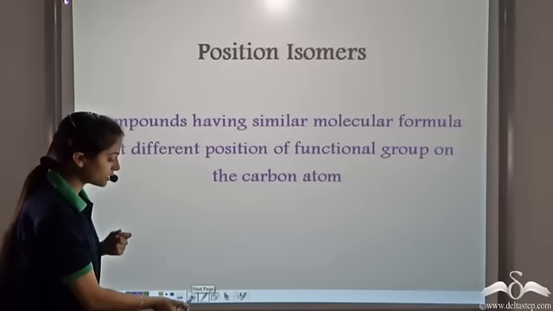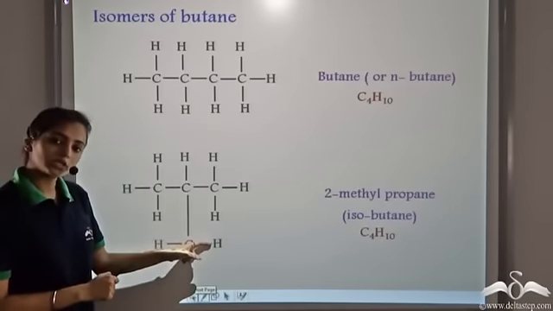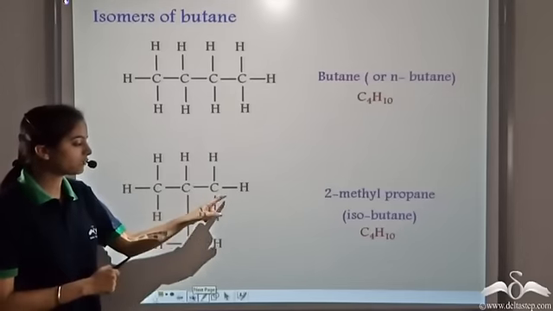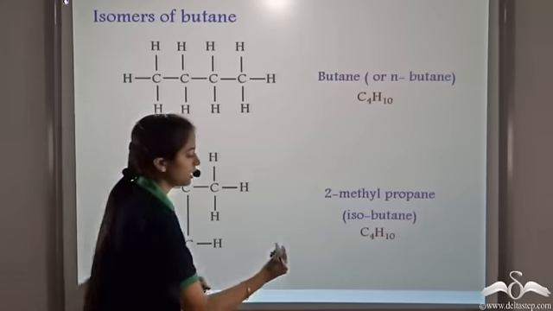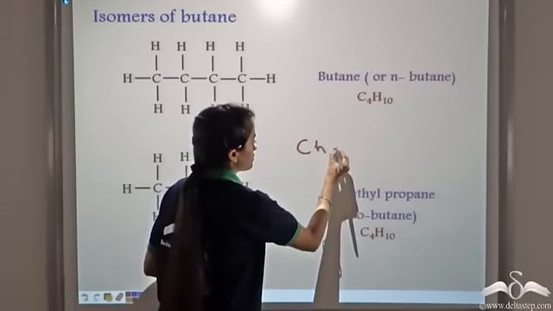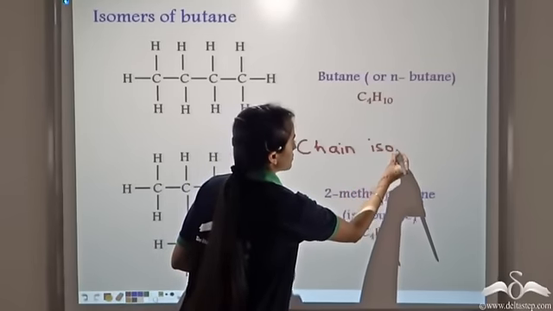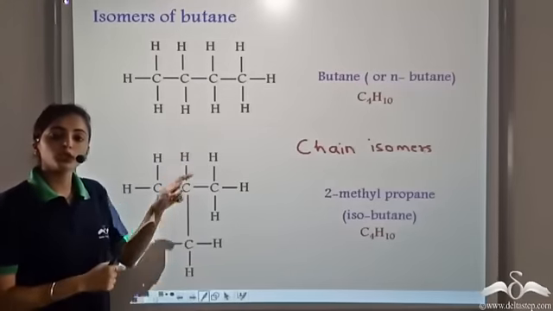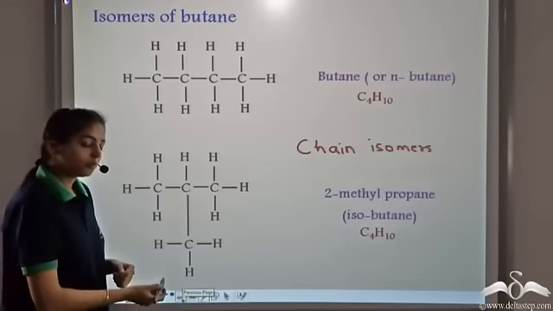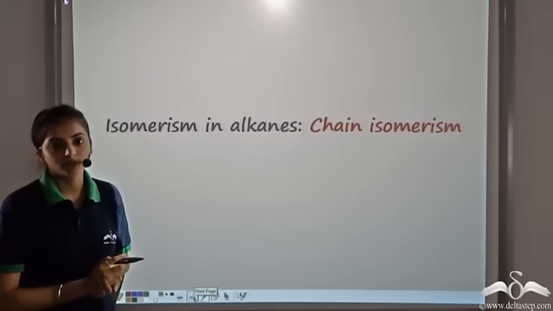Now if we look at the two isomers of butane that we got, normal butane and isobutane, there is a difference in the arrangement of carbon atoms in the straight and branch chains. So these two isomers are chain isomers. So for butane, we get two chain isomers, and the type of isomerism which is possible in alkanes is only chain isomerism.